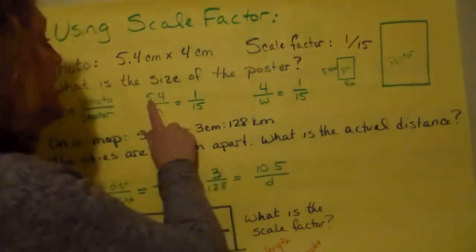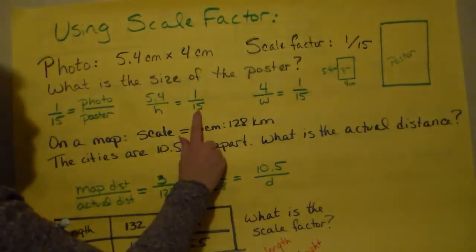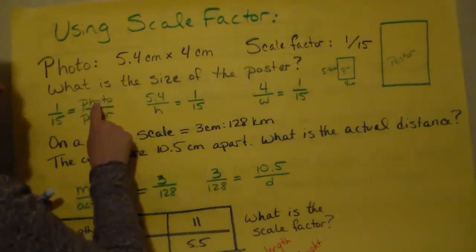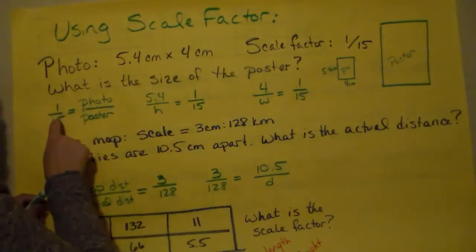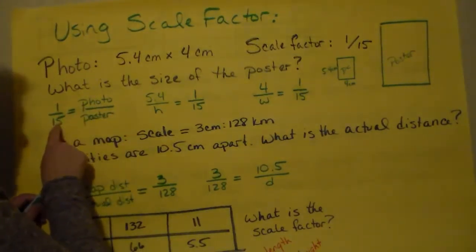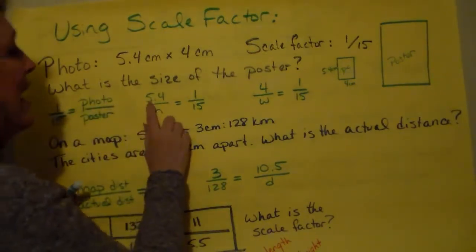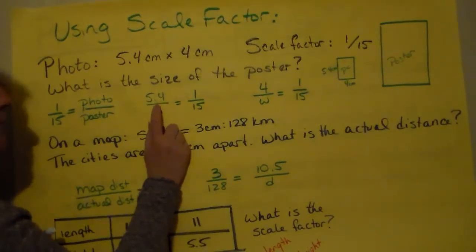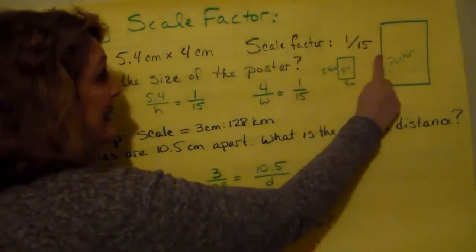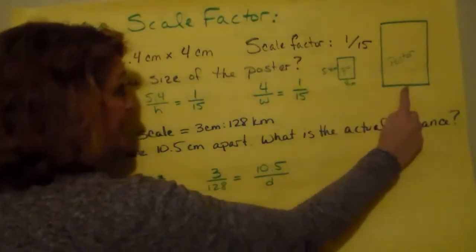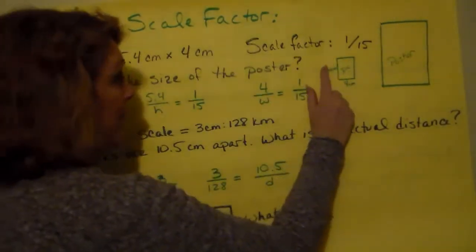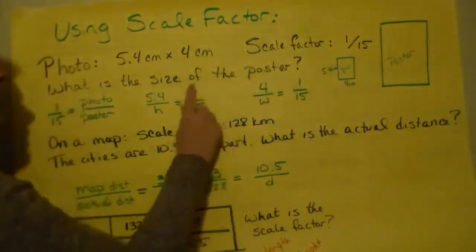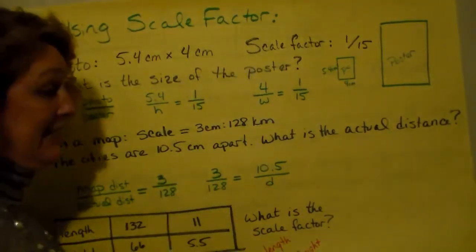So photo over poster is 1 over 15 because the poster is the big one. So what do I have? I've got that the photo is 5.4 centimeters. It's this to this and this to this. I want to make this size, and I've got to go through 1 over 15 to get it.